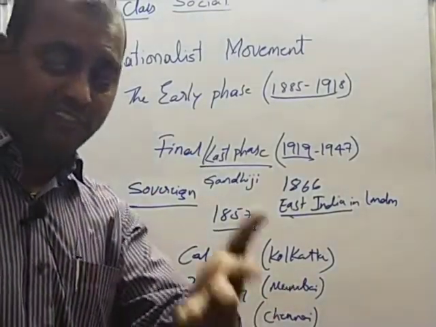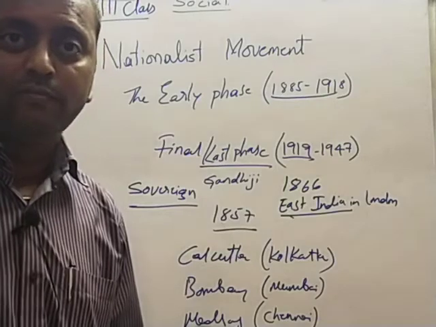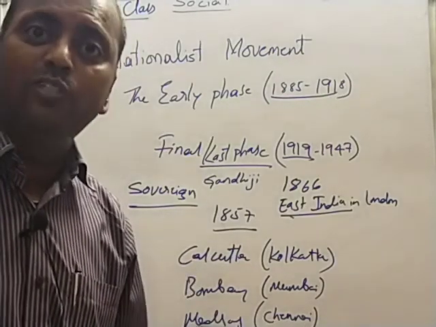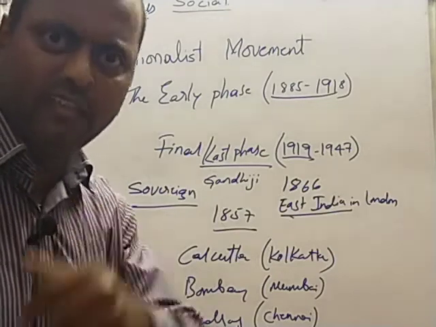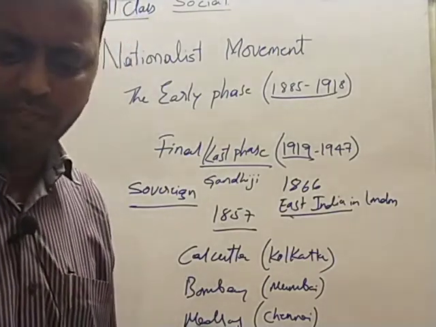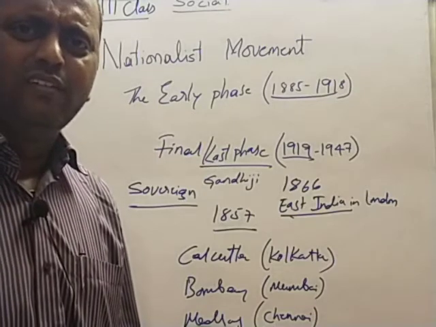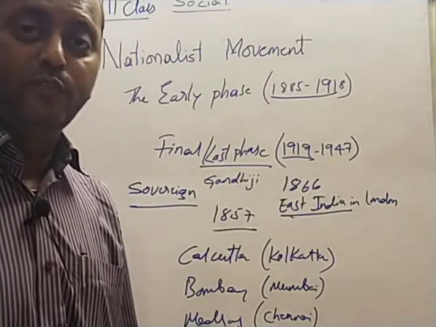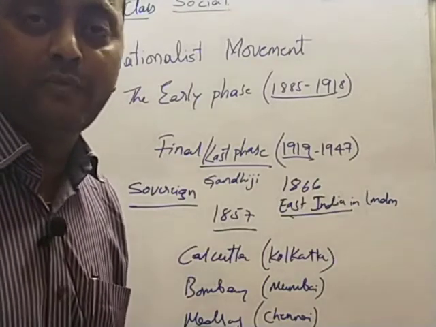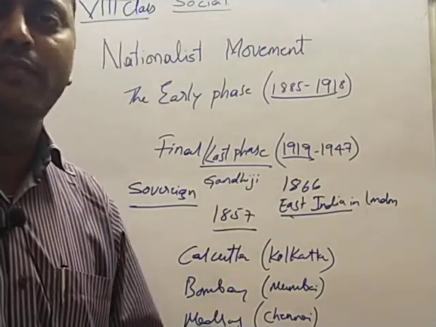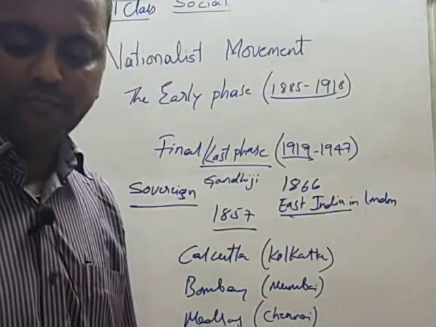Even in the 1857 revolt, we have studied in class 7, the British soldiers were paid high salaries, whereas the Indian soldiers were paid less. That is racial discrimination, color discrimination. There were many repressive laws. Repressive means which used to be suppressing our freedom. There were repressive laws on the Indian newspapers because they were writing against the Britishers.